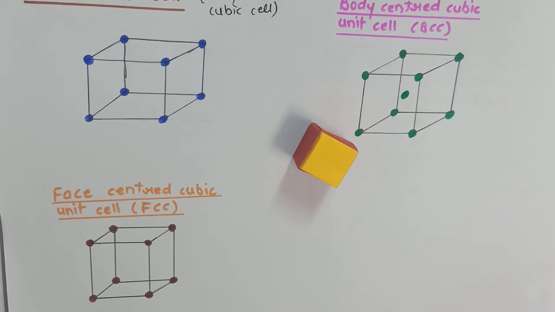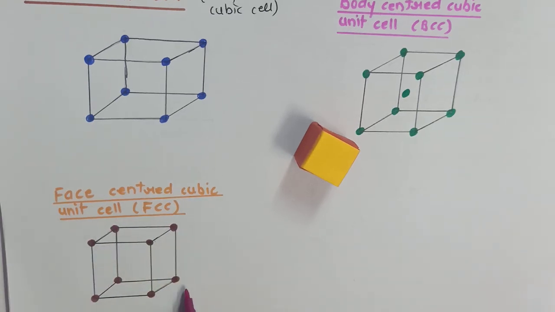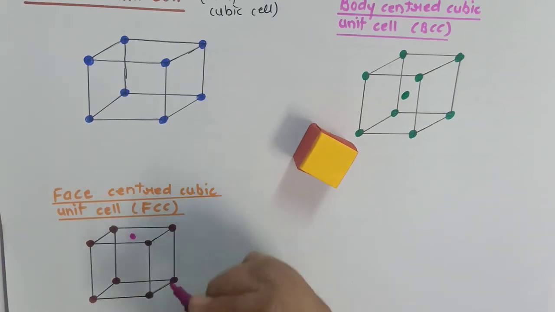Coming to the next one, the face centered cubic unit cell. In a face-centered cubic unit cell, what is the position of the constituent particles? By default, 8 corners will be occupied by 8 particles, and the remaining particles will occupy the opposite faces.